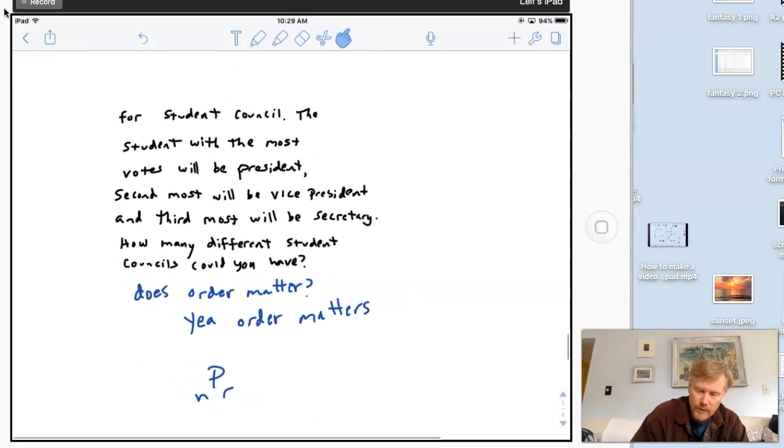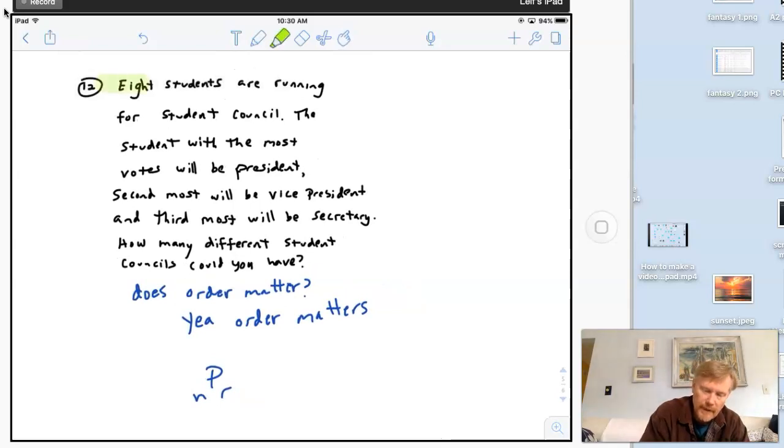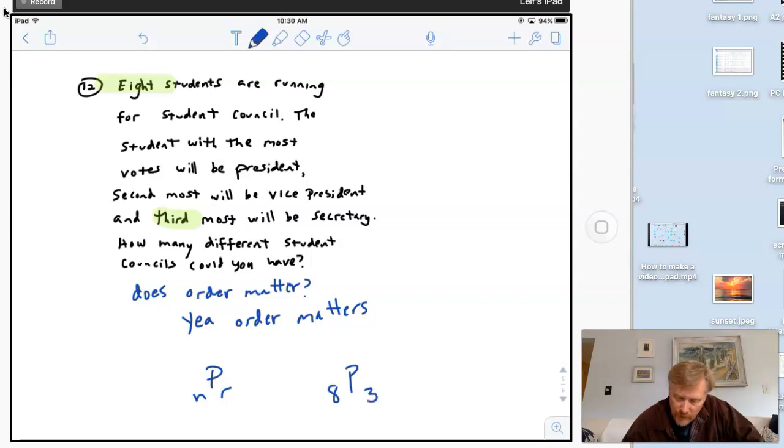And what are my two numbers? 8 and 3, because first, second, and third, there's president, vice president, secretary. That's 3. Those are the only 3 that matter. 4th, 5th, 6th, they didn't get any position at all, so those don't matter. So 8P3.